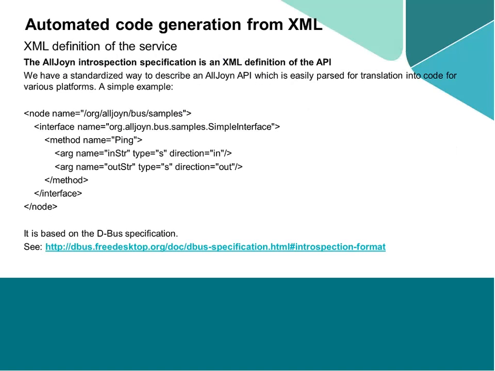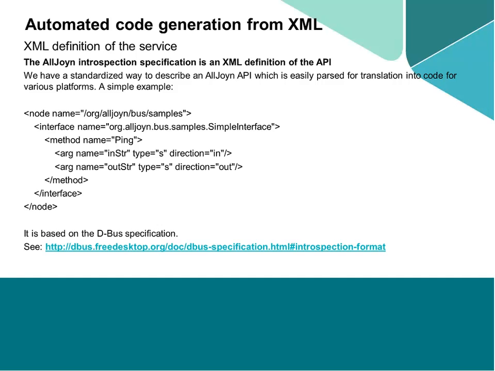And if you go to the link at the bottom of this page, you'll see in great detail how to do things like properties and signals and different argument types, all that sort of thing. And I've done just a very simple case here. And so you have the different nodes, you have the interface names, and you can have multiple objects, properties, signals, various argument types, including structures and arrays, that sort of thing. It's all specified in the XML.